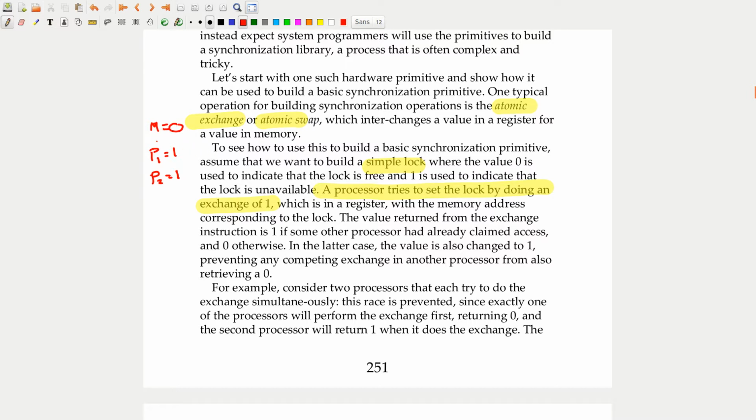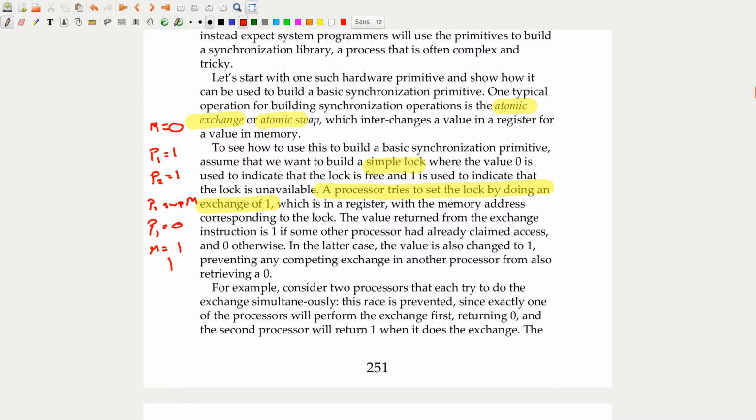What happens is P1 tries to do a swap with M, so we'll write that as P1 swap M. If M is 0, meaning nobody's locked it out, P1 will get the lock and now be equal to 0, while M will now be equal to 1.